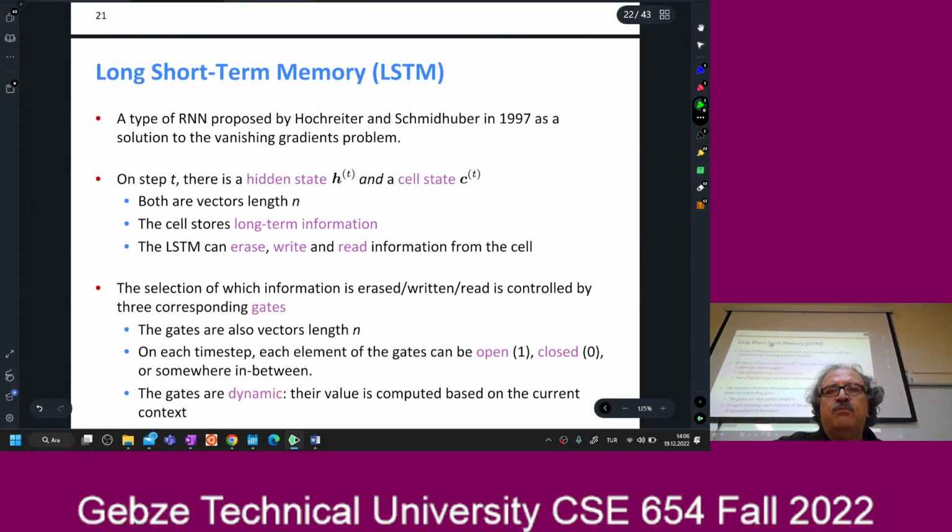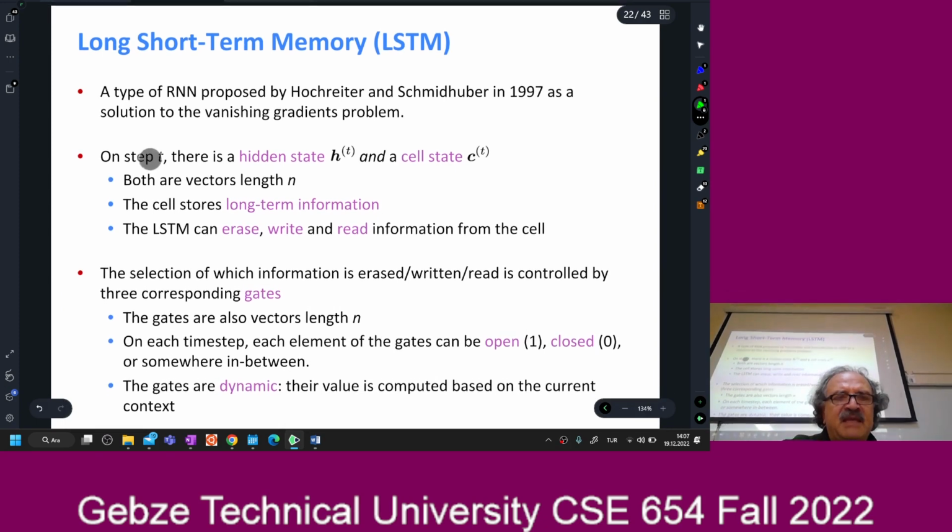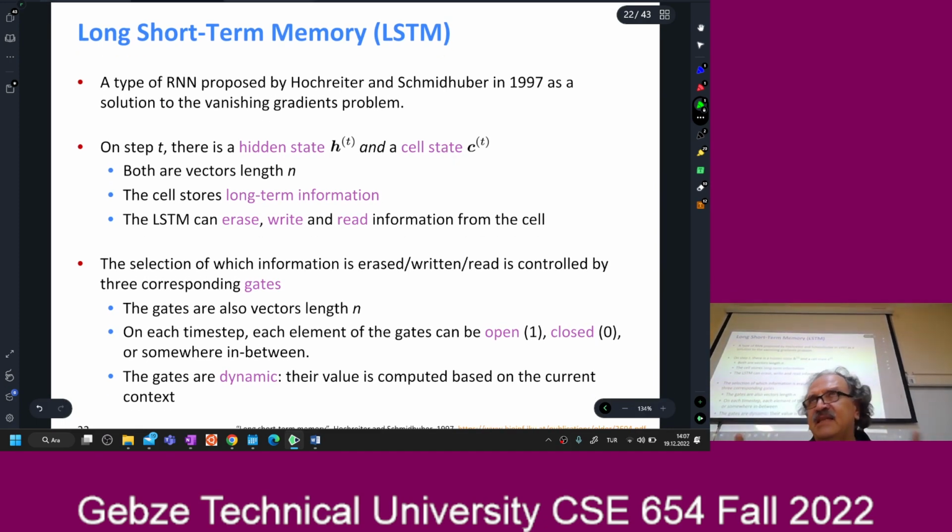Long short-term memory. Two types of memory, short-term memory and long-term memory. They say that this is motivated from the mammals' memory mechanism in our heads. I don't know how true it is, but in practice, whatever we are building kind of works. Okay, it works better than RNNs. On step T, there is a hidden state and there is a cell state.